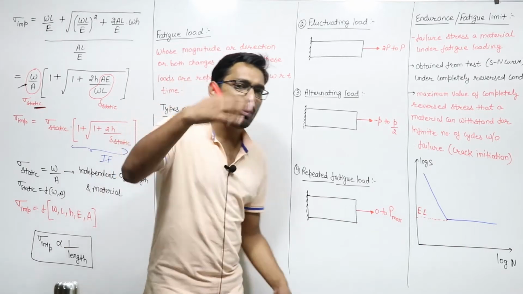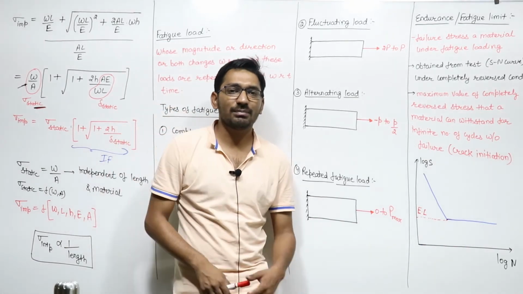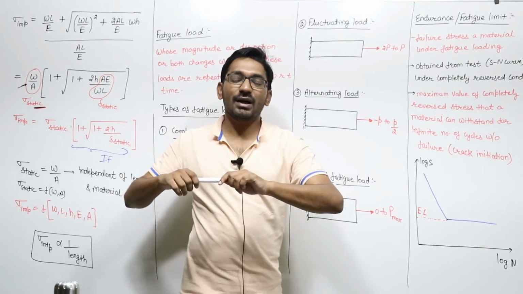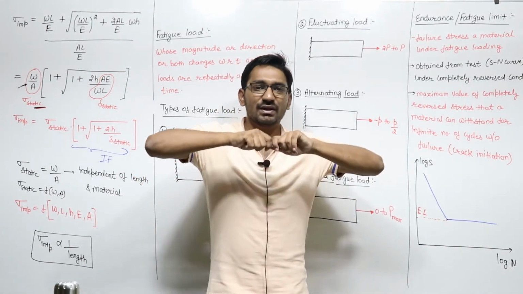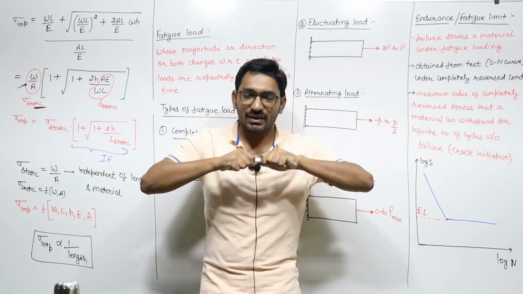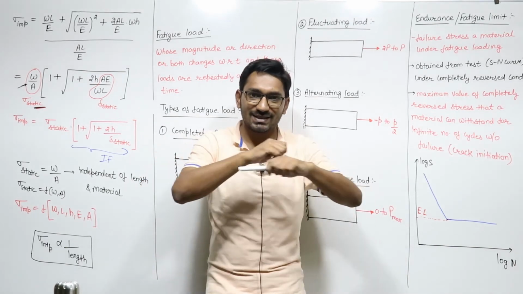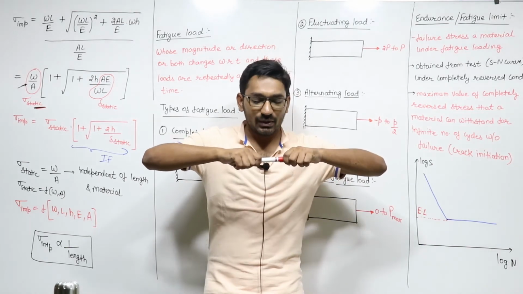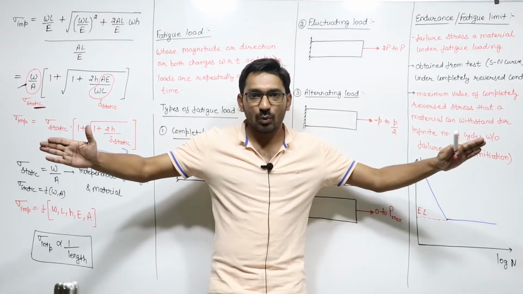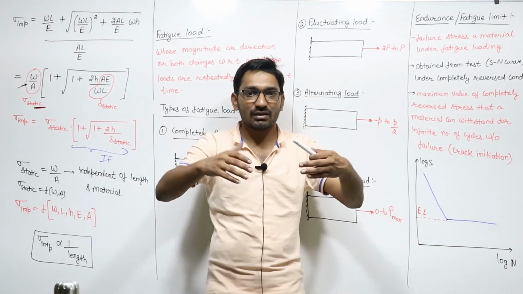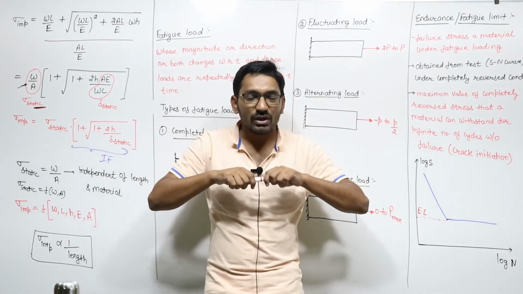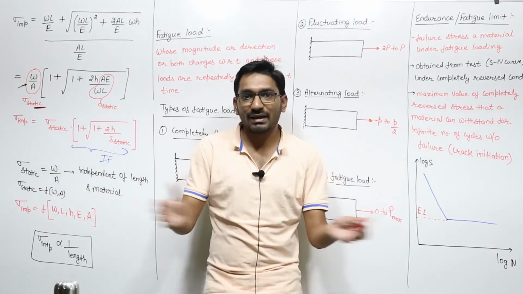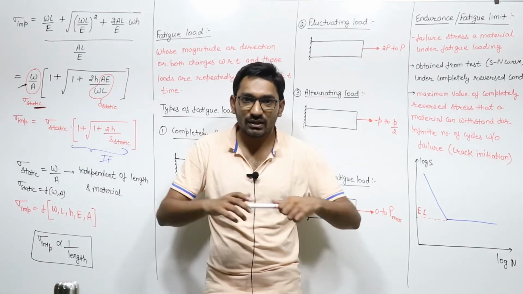We are continuously applying these loads on the body. Suppose this is a bar. If I apply a continuous fatigue load, meaning tensile, compressive, tensile, compressive, that is, first I apply load in the outward direction, then in the inward direction, then both the magnitude and direction of the force are changing.